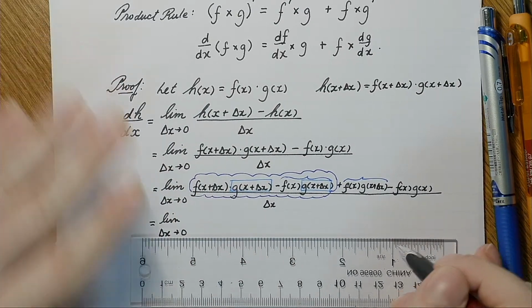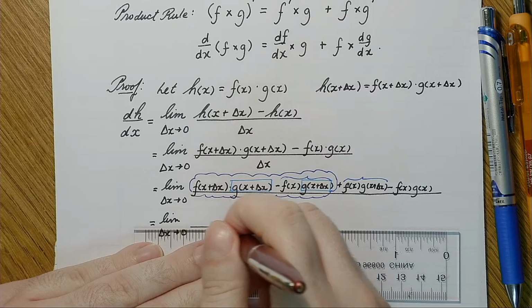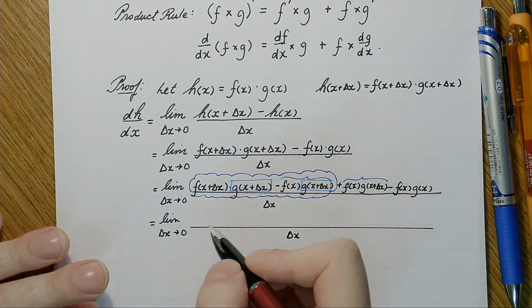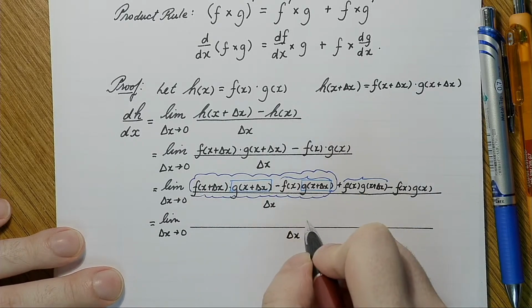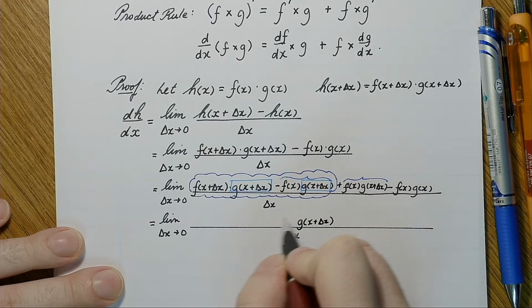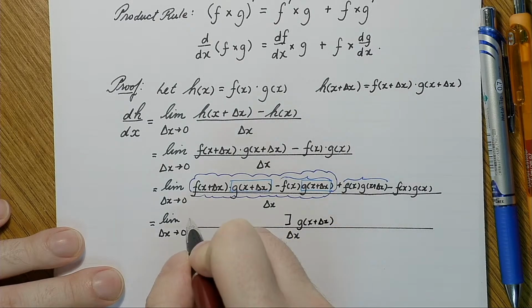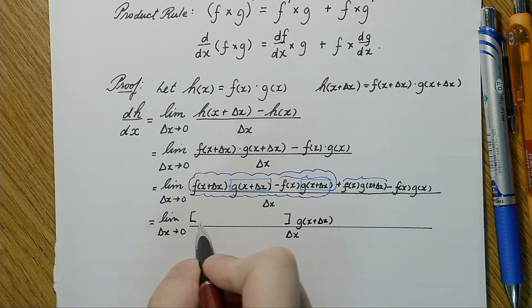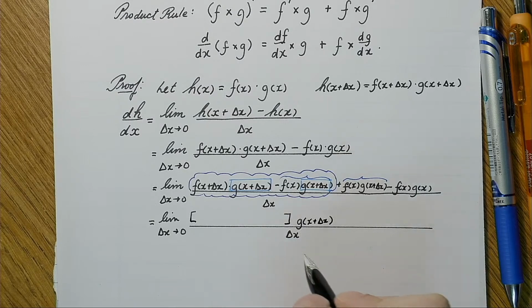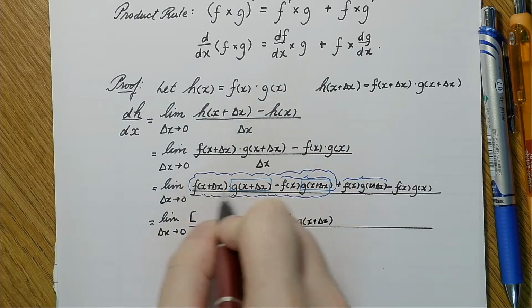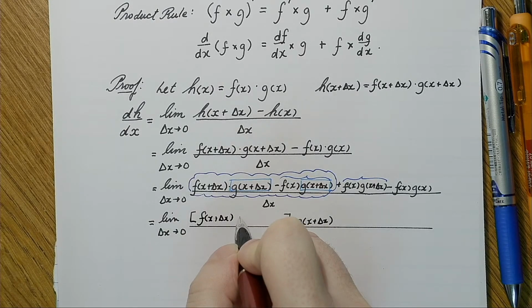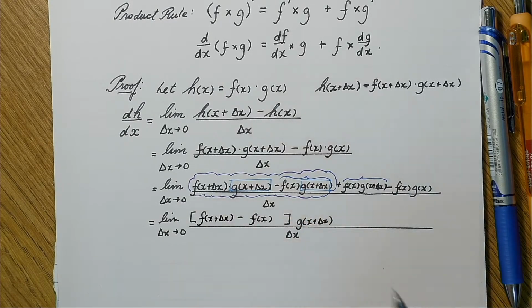And I still have this ridiculously long line. So I'm going to factor out that g of x plus delta x, and I'm going to put it over here. I could put it at the beginning, or I could put it at the end, so I'm just choosing to put it at the end here. And then that means that for this term, I'm left with f of x plus delta x minus f at x.